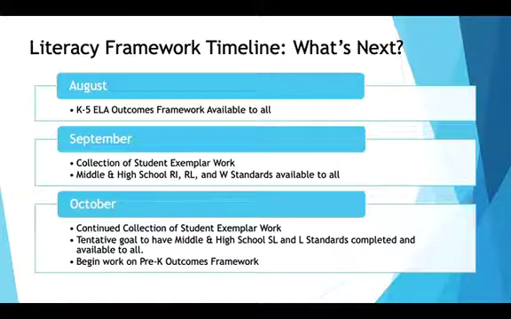When we enter into October, we'll continue the collection of student exemplar work. There's a tentative goal that the middle and high school speaking and listening and language standards will be completed and available to all in October. We will also begin the work on the pre-K outcomes framework in October.